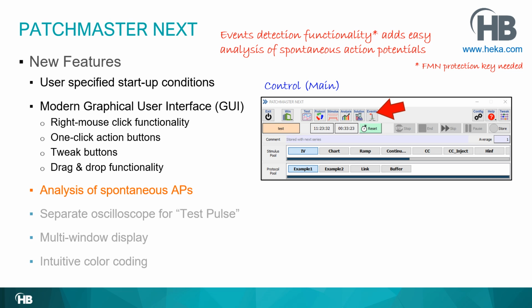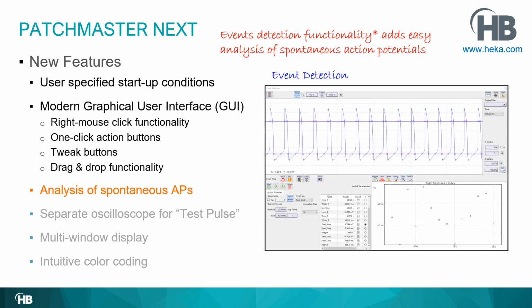This events button becomes available when there is a PATCHMASTER Next protection key plugged into the same computer. So to have this function available, you need to have also a PATCHMASTER Next protection key being plugged into the same computer.